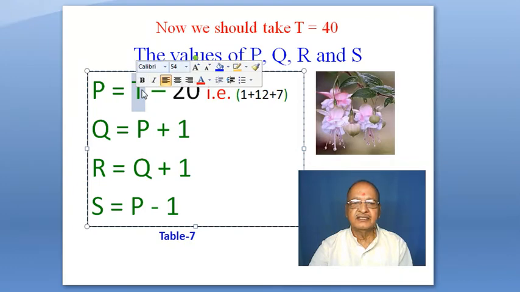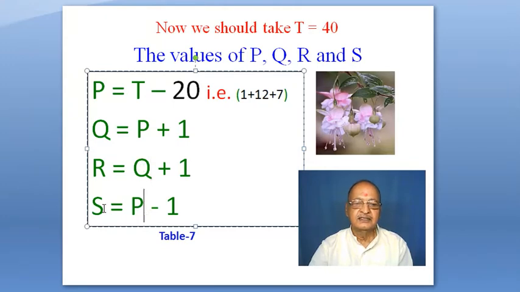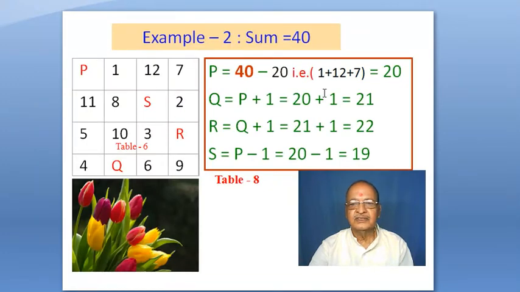We are taking t is 40. 40 minus 20 is 20. So value of p is 20, q is 21, r is 22, and this s is 20 minus 1, that is 19.